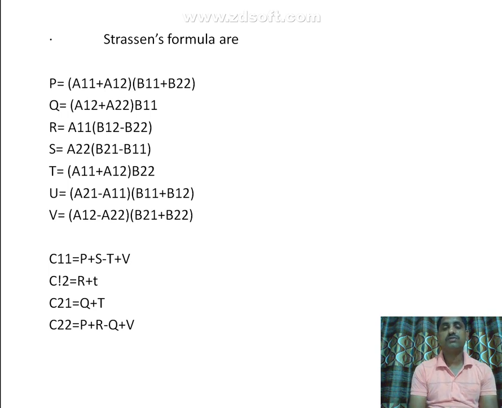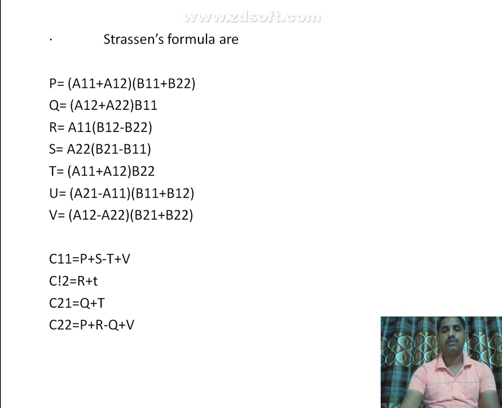Then the time complexity is big O of n cube. In that way Strassen's reduces that complexity. He implemented some formulas, where we use 18 additions and subtractions and 7 multiplications.